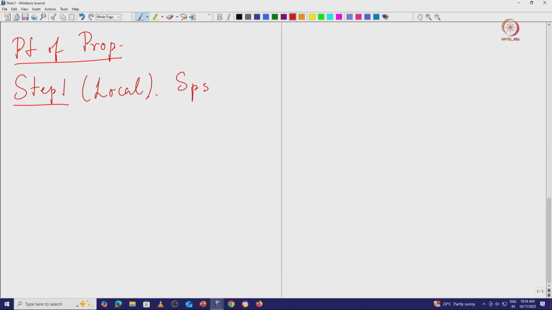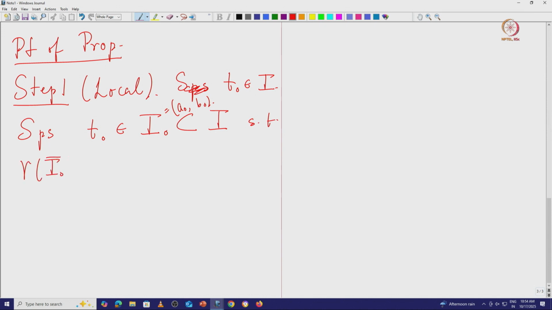Okay, so suppose I take a time t0, and suppose this t0 is contained in a subinterval I0. Let's call the subinterval (a0, b0), such that gamma of the entire closure of I0 is contained in U, where U is some coordinate neighborhood with coordinates x1 up to xn.